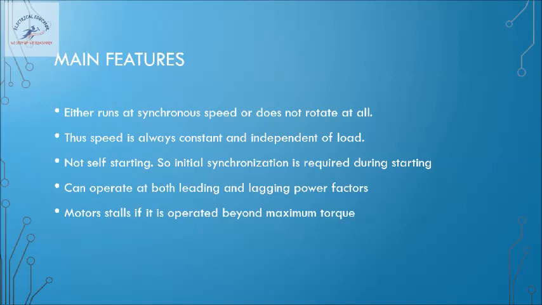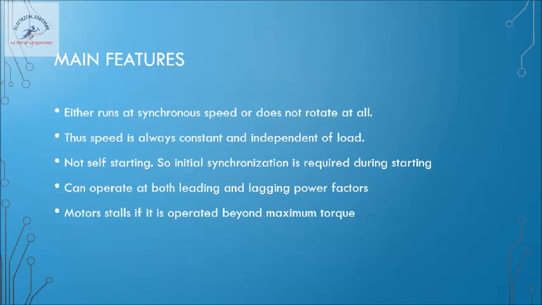So the motor stalls if it is operated beyond the maximum torque. So each and every motor has a unique capacity, because we know that energy can neither be created nor be destroyed, but can be converted from one form to another. So whatever mechanical energy the motor produces, it is equal to its electrical energy. And once the motor is overloaded, what other motors do is they draw more power from the supply in order to meet the load torque demand.